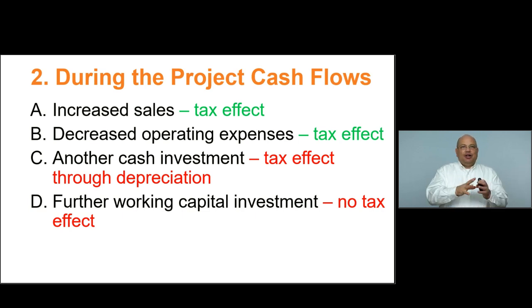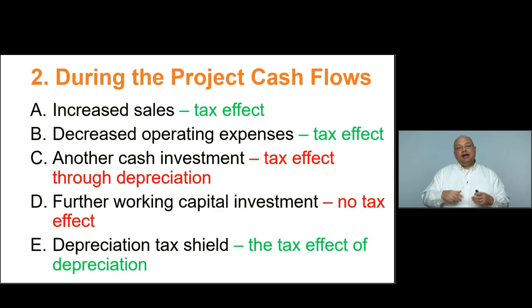The final cash flow during the life of the project, and this is the one that people have the most trouble with, is the Depreciation Tax Shield. This is where we see the tax effect of that initial investment and the tax effect of that second investment, if there is one.